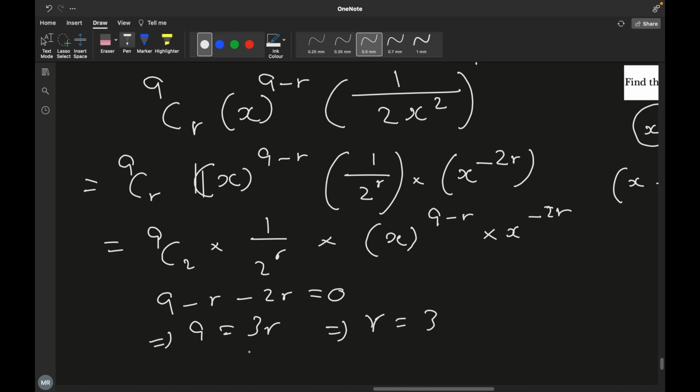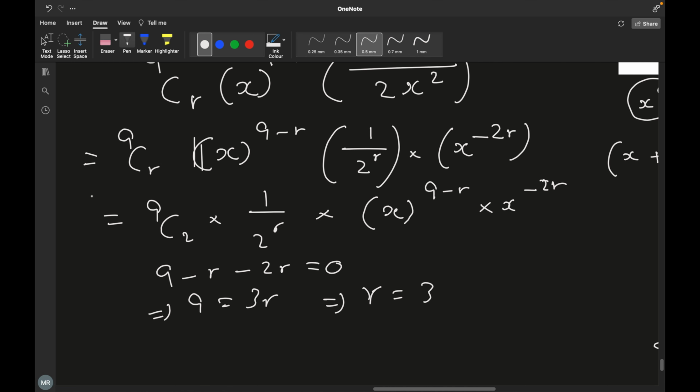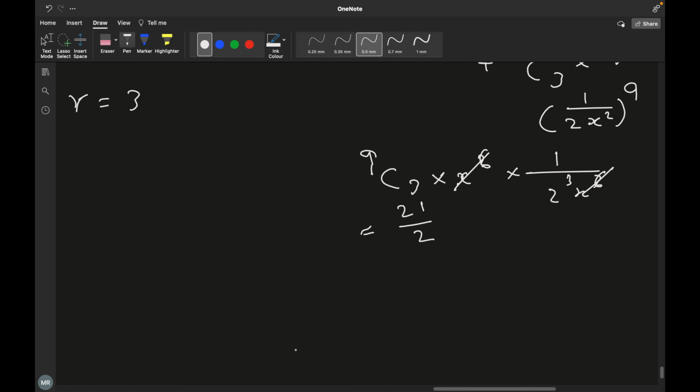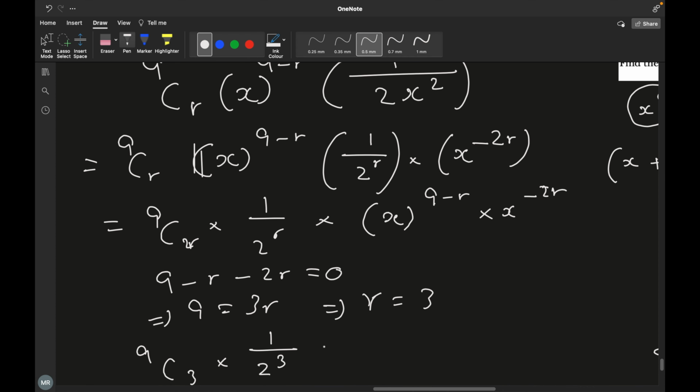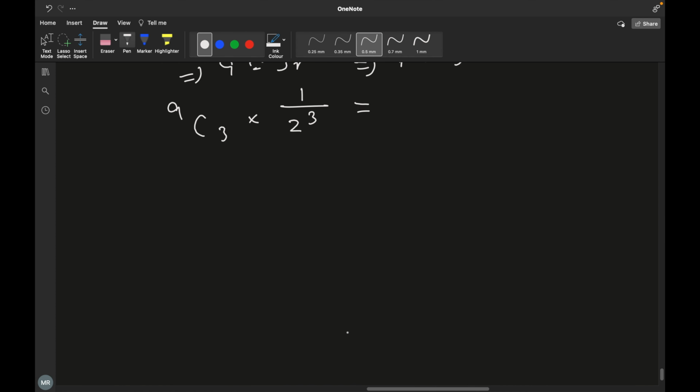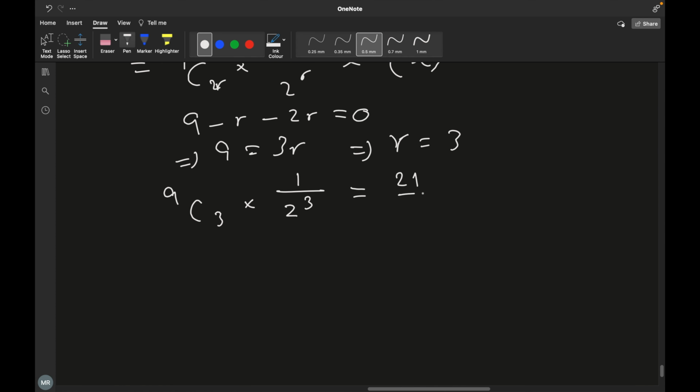So when we have r as 3, we can plug this back into the equation in this step to find it. So we get 9C3 multiplied by 1 by 2 to the power of 3. This is literally what we got here. And therefore, we get 21 by 2, which is also 10.5.